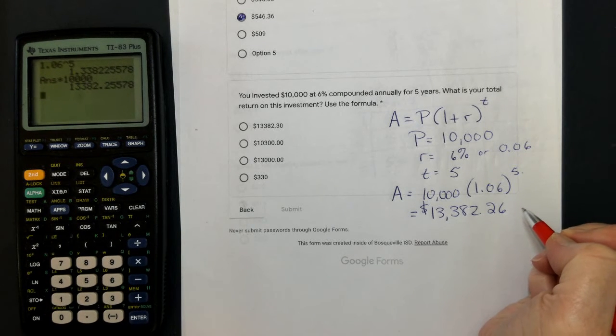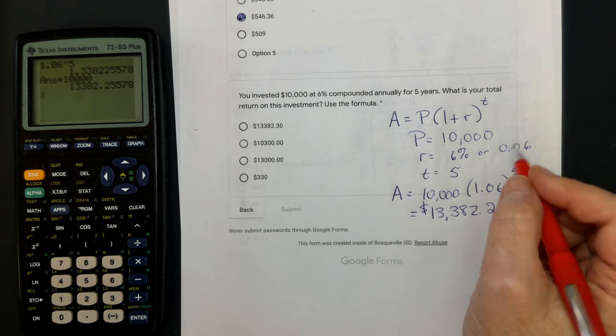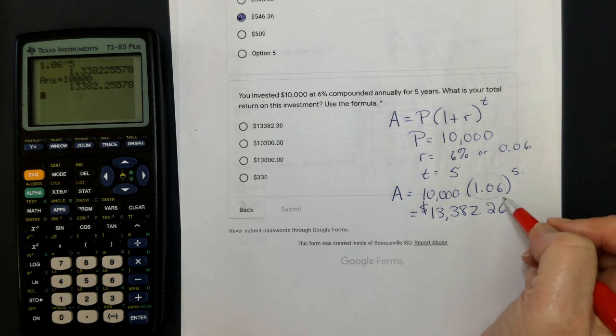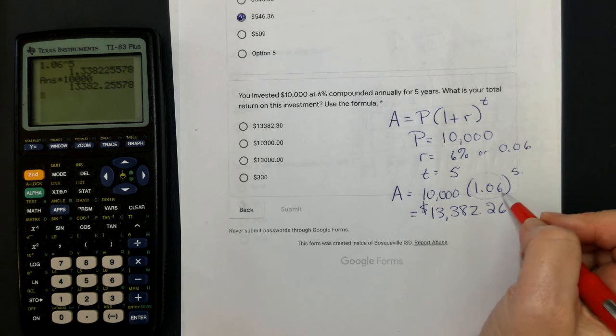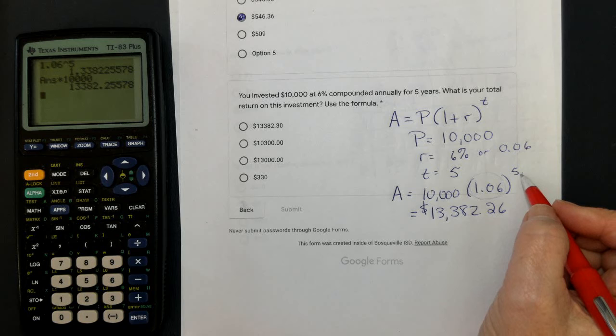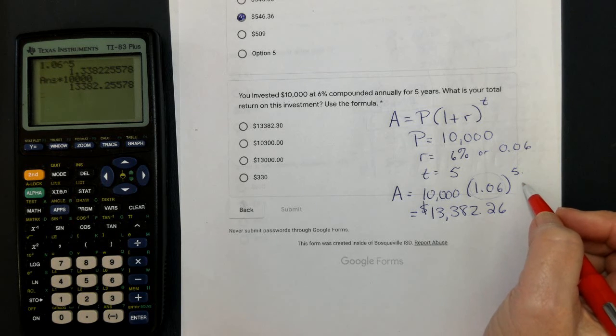So this is the total amount when we started with $10,000. The things you need to know are how to do the addition inside the parentheses, making sure that you have your rate in decimal form, and then how to use the exponent on your calculator, either your Google Chromebook calculator or your manual calculator.